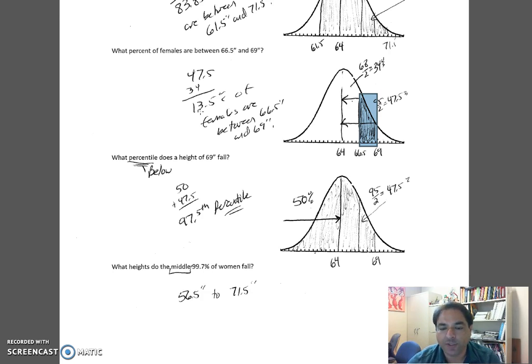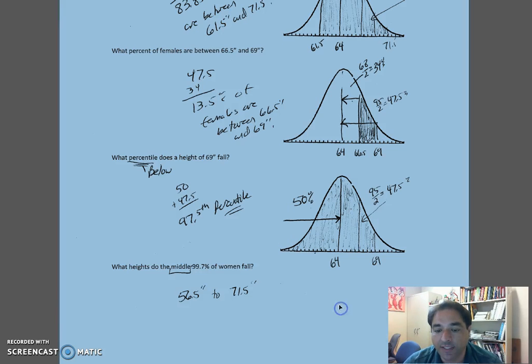Okay, the last two I'm going to go through quickly because it's more of a definition, but the word percentile. If I said, what percentile does a height of 69 inches fall? The word percentile means below. So I label my 64, my center. 69 is 2 standard deviations to the right. If I'm looking for below, that would be all of this.